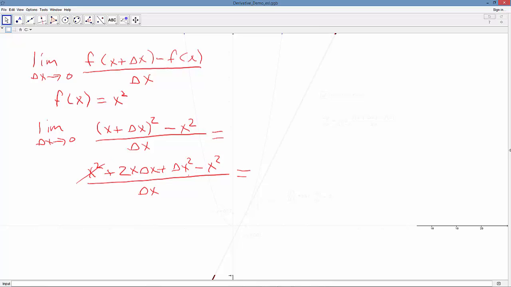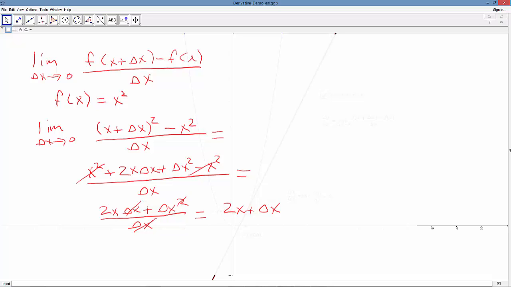We'll see that our x squareds will cancel, and that will leave us with 2x delta x plus delta x squared divided by delta x. So now we'll cancel out the delta x, and we will get 2x plus delta x as our derivative.